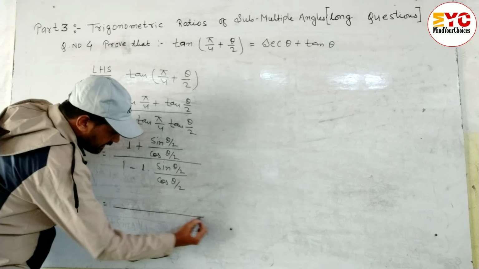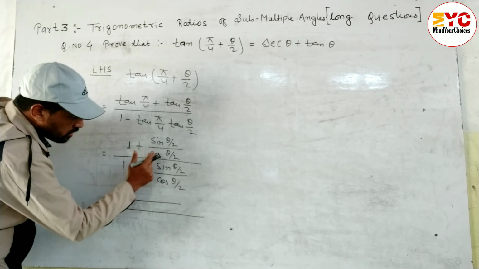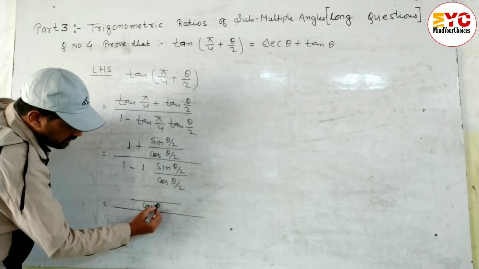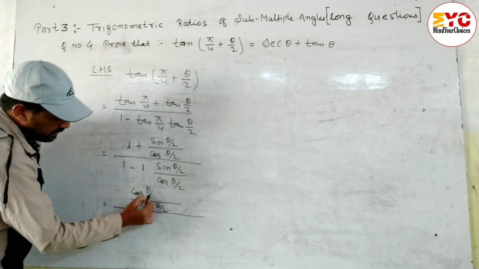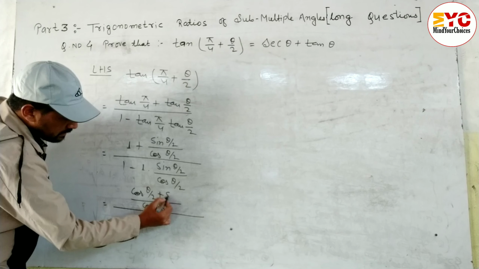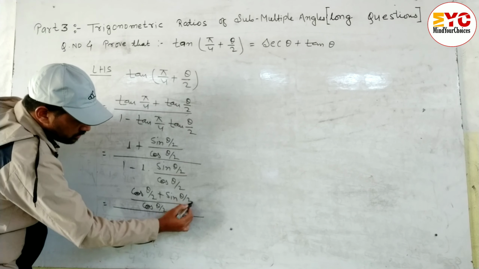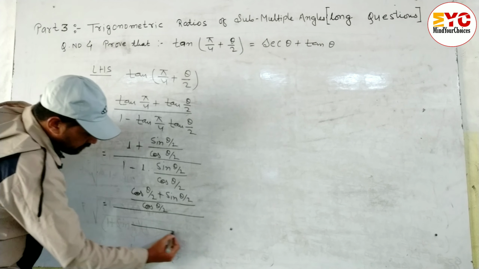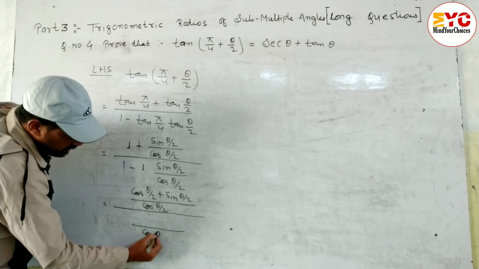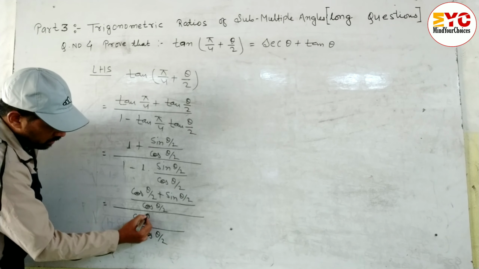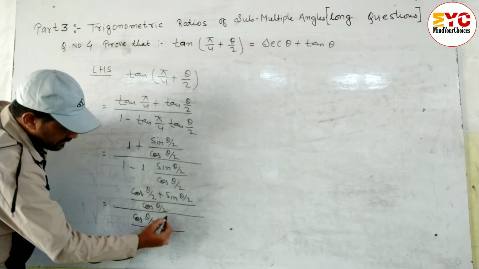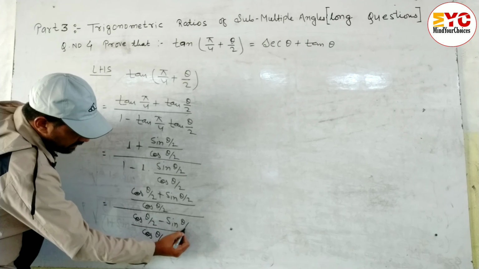Now we have to take the LCM, and the LCM is cos theta/2: cos theta/2 into 1, cos theta/2 plus sin theta/2. Here also we take the LCM, cos theta/2: cos theta/2 into 1, cos theta/2 minus sin theta/2.